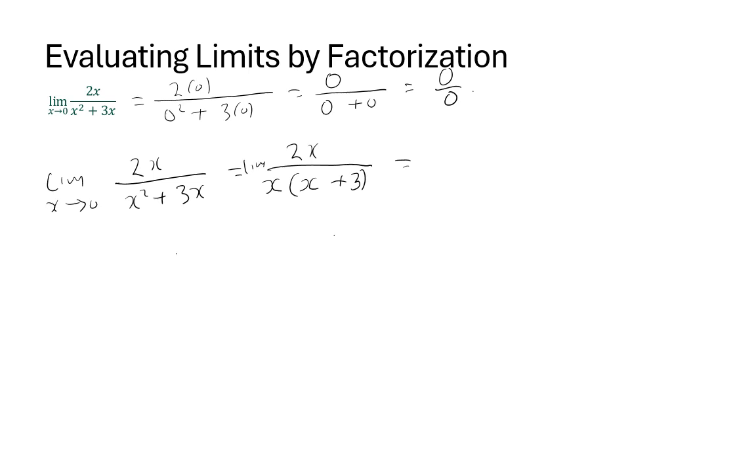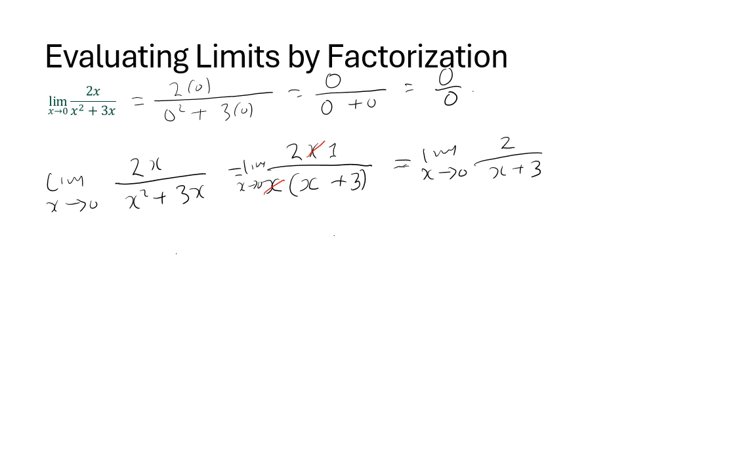Sorry, I forgot to put the limit as x tends to 0. We have x here and x here, so this x cancels this x. It goes into the x one time, so we'll just have 1 here, 2 times 1. So we'll be left with the limit as x tends to 0 of 2 times 1 over x plus 3. And this 2 times 1 is just 2. So 2 over x plus 3.